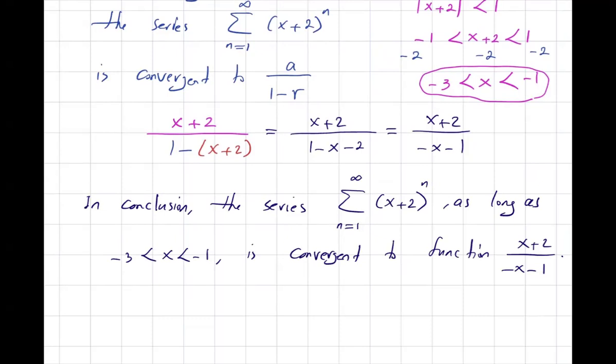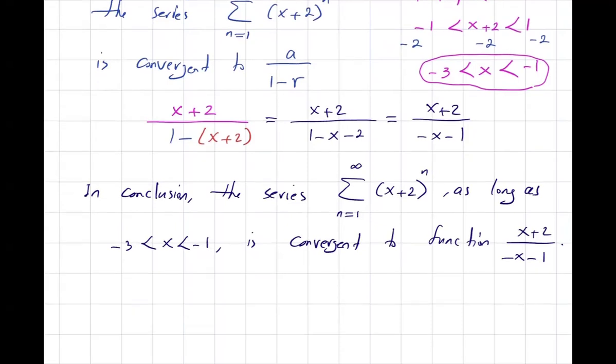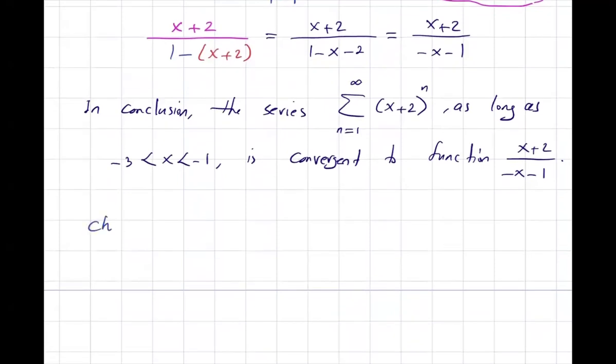We can look at the terms of this series as well. Check the terms. Your series is (x + 2) to the power n, and starts from 1, goes to infinity.